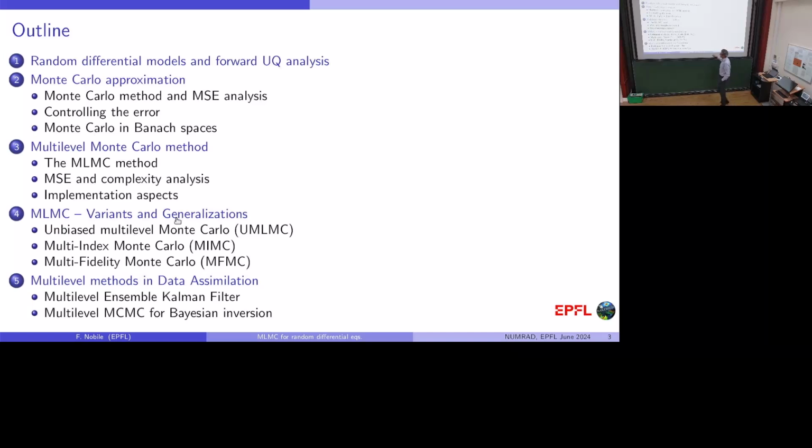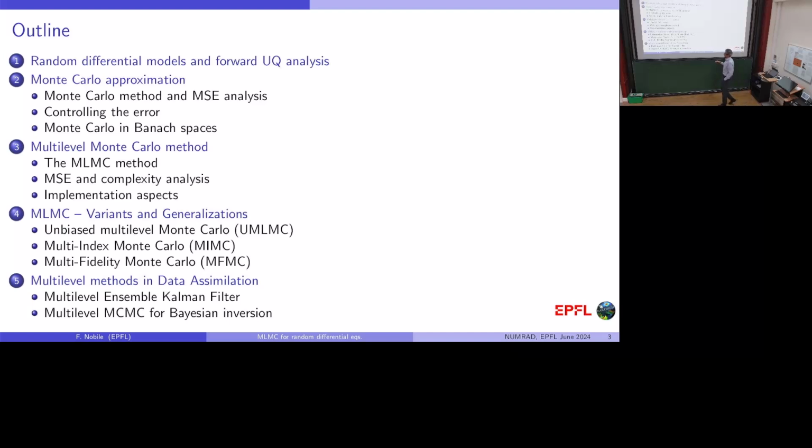Today, in the first hour, I would like to discuss some variants and generalizations, in particular the unbiased multi-level Monte Carlo, which is a nice twist that could be used in some cases. The multi-index Monte Carlo is a generalization of the multi-level Monte Carlo.